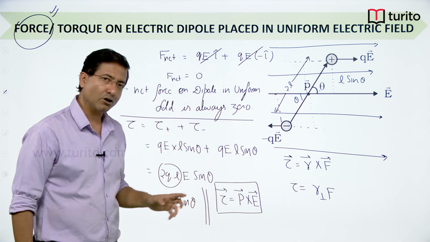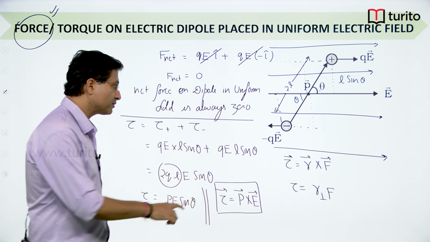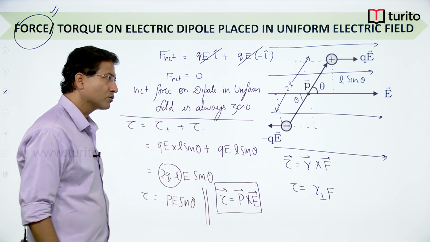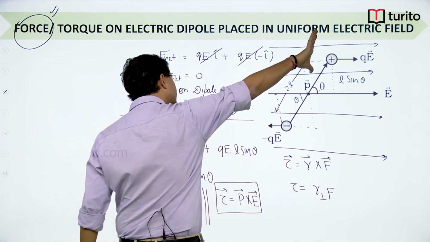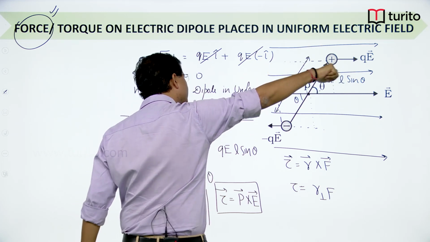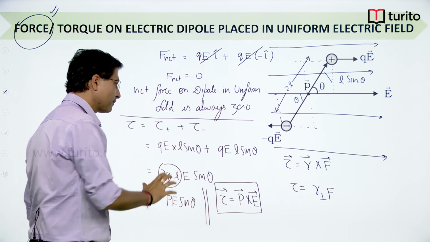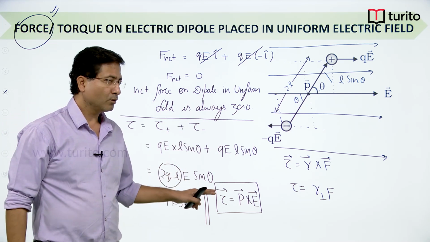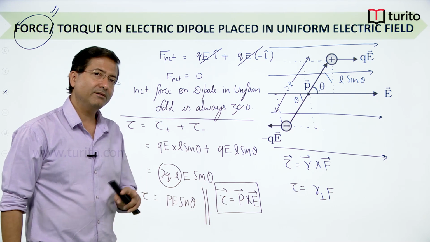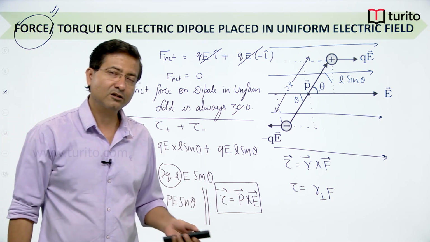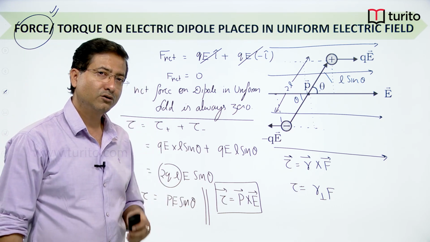Now we need to do the cross product, right hand rule: rotate the first vector towards the second vector. So rotate P towards E, we get the thumb in the inward direction, that means torque is coming in the same direction as what we have got here. So torque can also be written as P vector cross E vector. This is the torque experienced by a dipole in a uniform field.